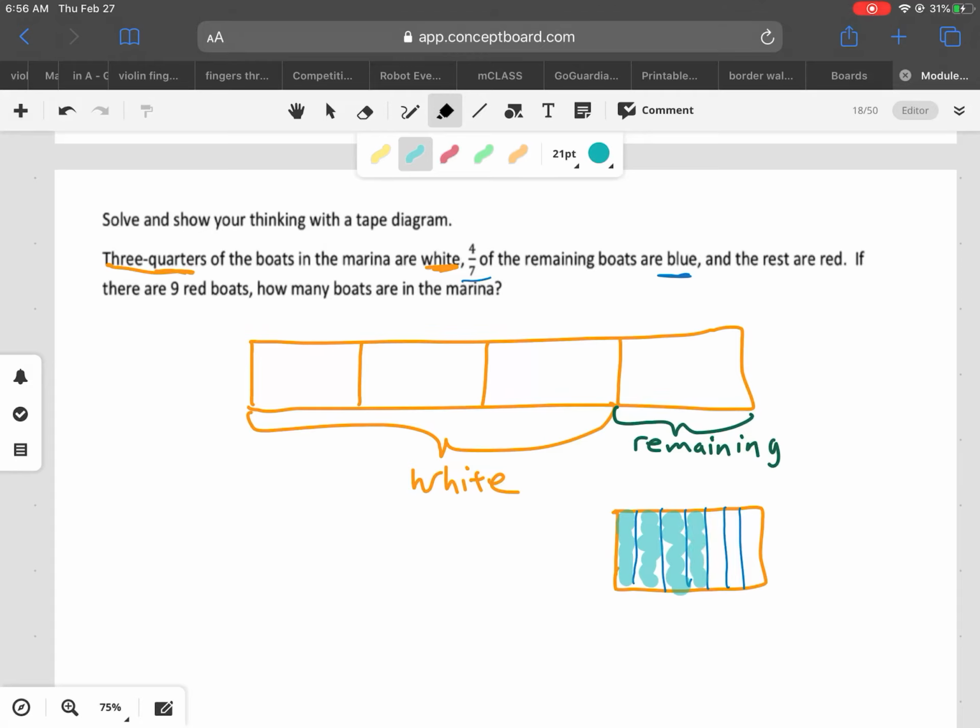All right, and the rest are red. Okay, so that means that these are red. That means that this is my 4/7 of the remaining.